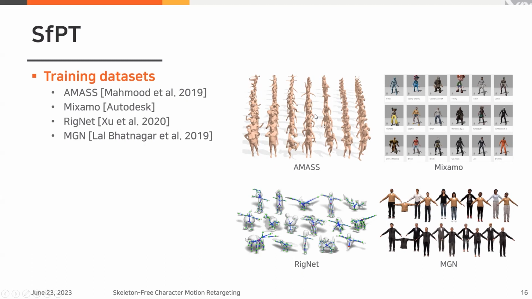For the AMASS and MGN datasets, they use the same topologies because they consist of the SMPL model. However, Mixamo and RigNet have various topological models.